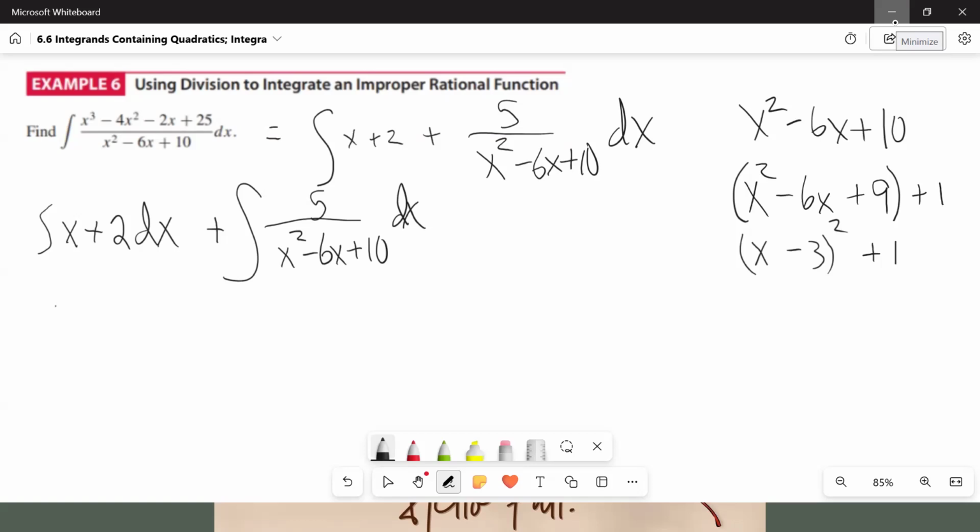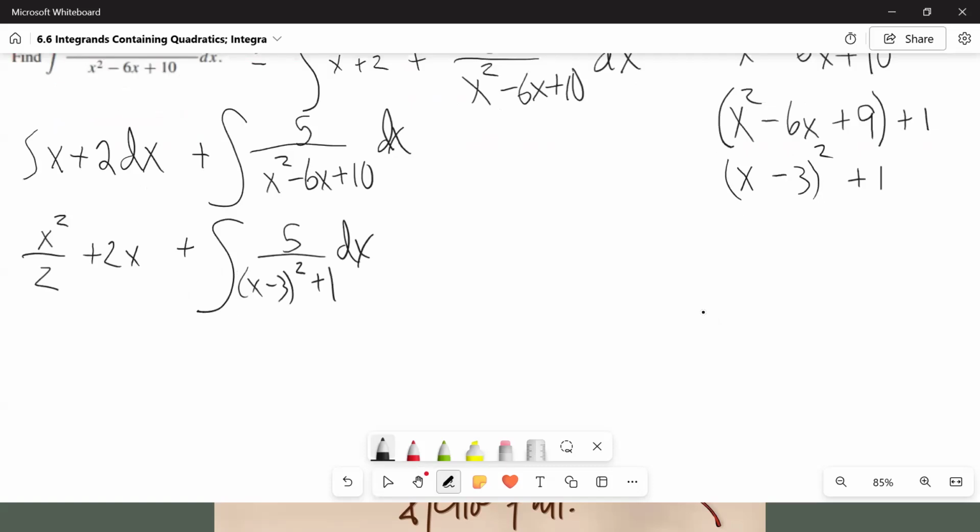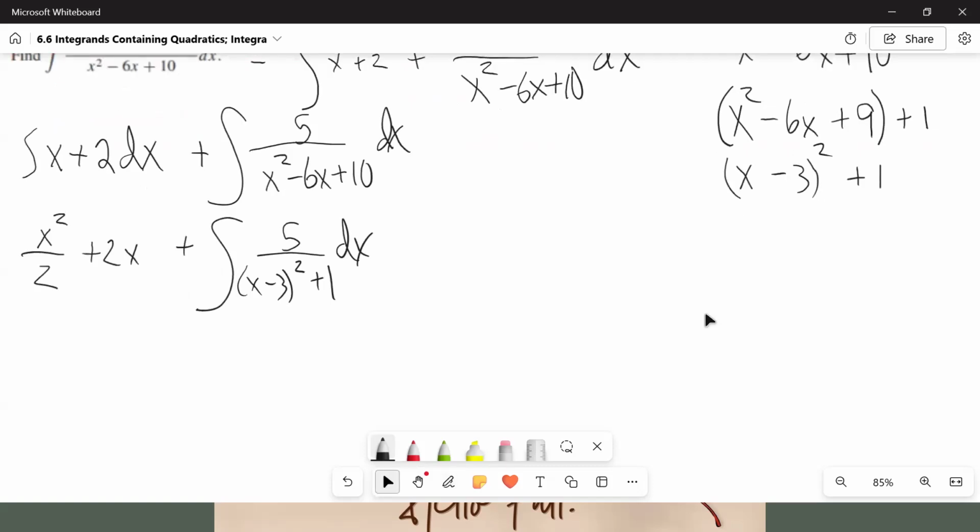So I'm going to integrate the x plus 2, so x squared over 2 plus 2x plus, now I didn't integrate this, I'm just going to rewrite it as 5 over (x minus 3 squared plus 1) dx. Now here, we can let u equal x minus 3 and use the tangent inverse.